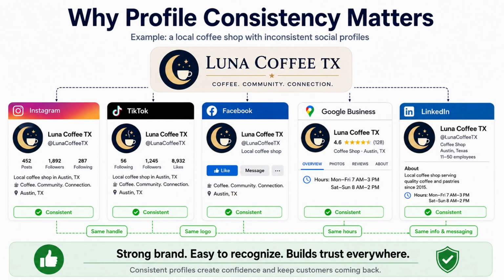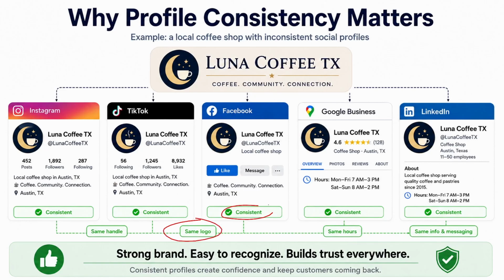Ta-da! Luna Coffee, Texas. This is our brand now. Check out these beautiful profile photos, consistent across every platform, consistent language, consistent handle. We found a handle we like and that was available. We're everywhere now at Luna Coffee TX, for Texas. Okay, on all platforms. We updated our store hours, so the hours in info and messaging are correct.